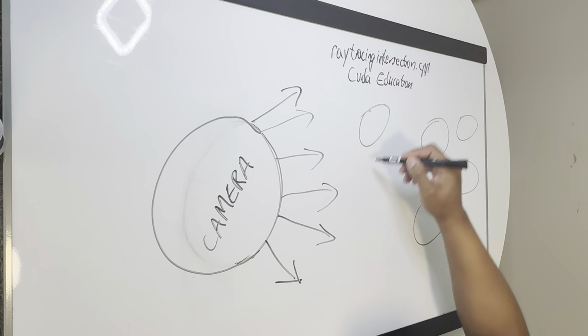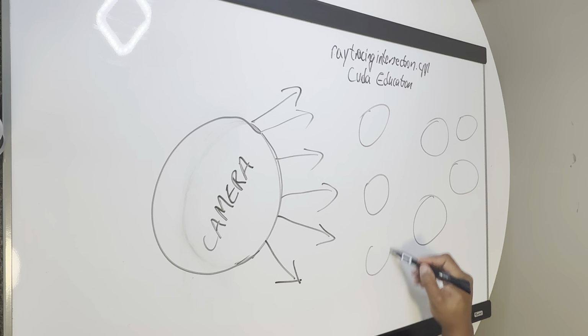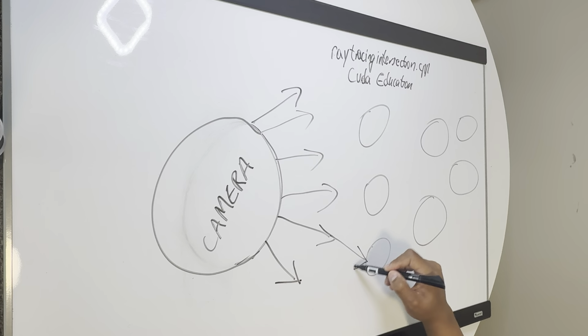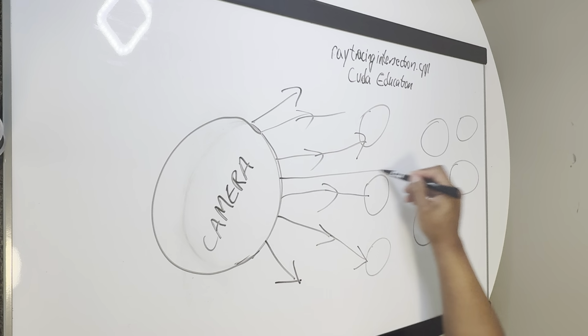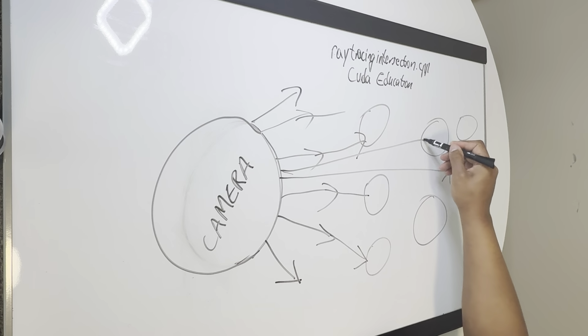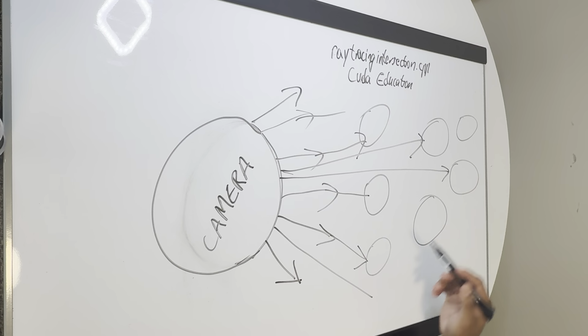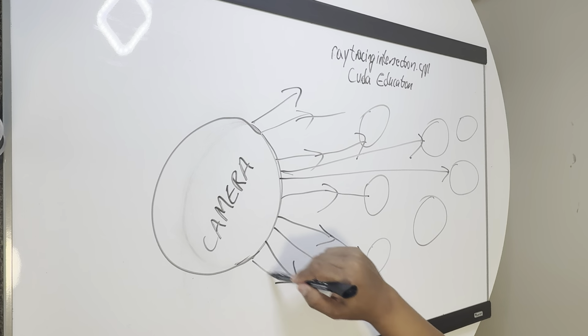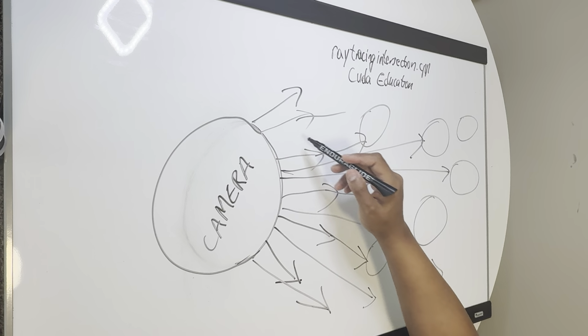The idea is that these rays are going to hit some of the spheres, and then some of the rays are going to miss.